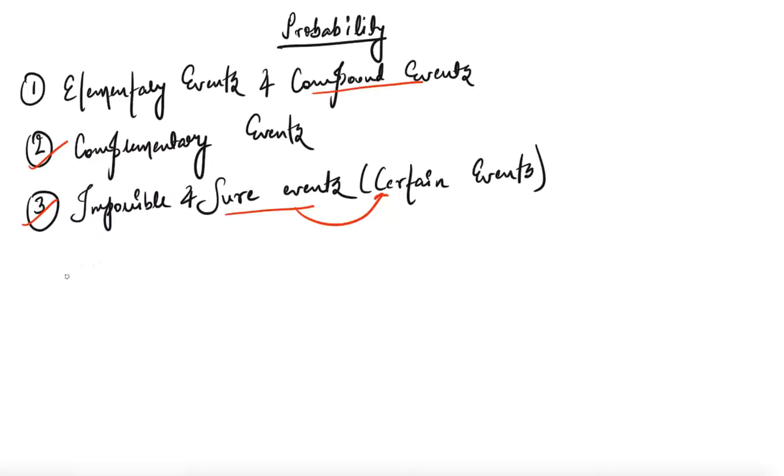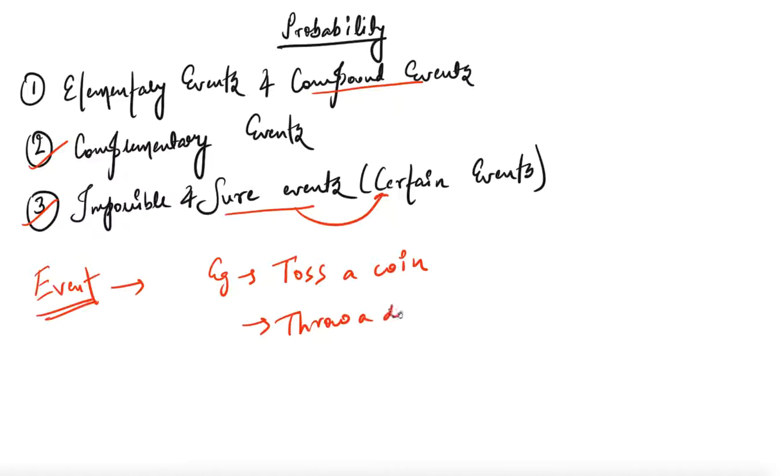But before that, you should know the meaning of an event. See, if I take an example, if I toss a coin, or if I throw a dice, these are all called experiments.